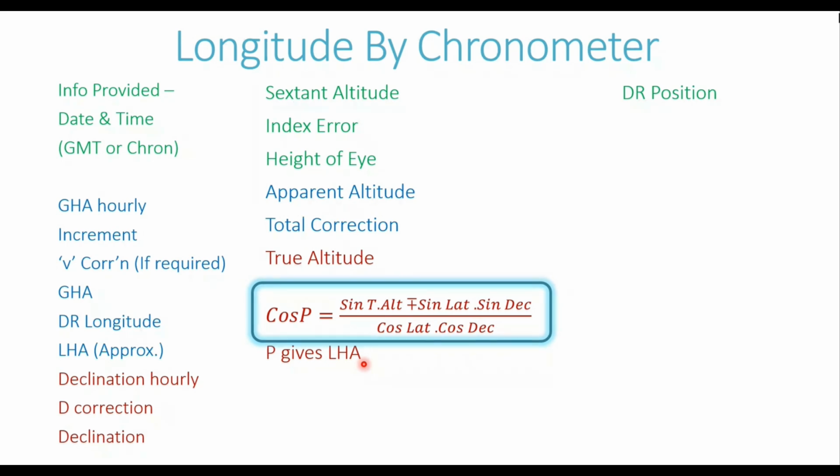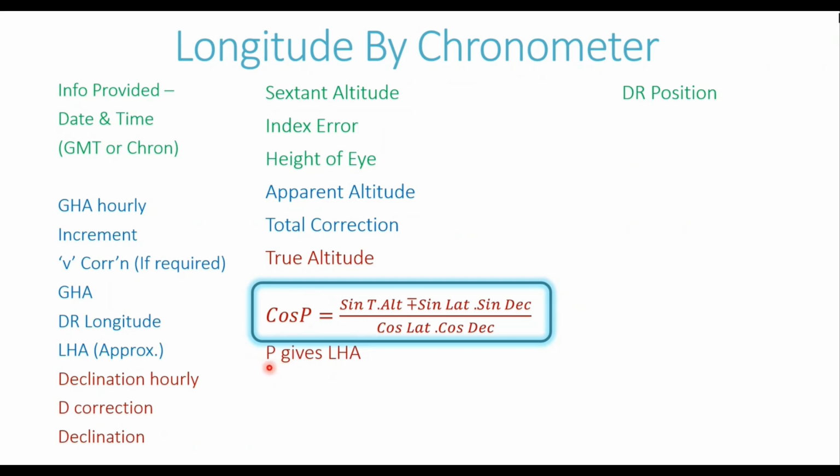So how to determine? This is where the approximate LHA comes to our use. Have a look at the approximate LHA. If the value of P is close to this approximate LHA, that tells you that P will be equal to LHA.